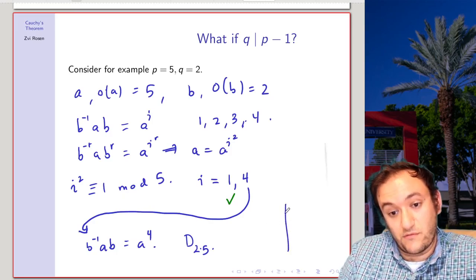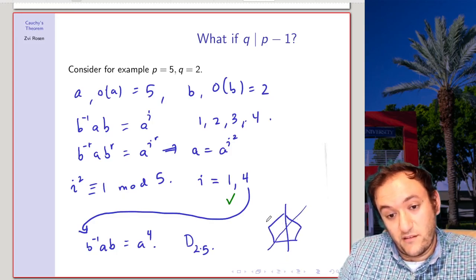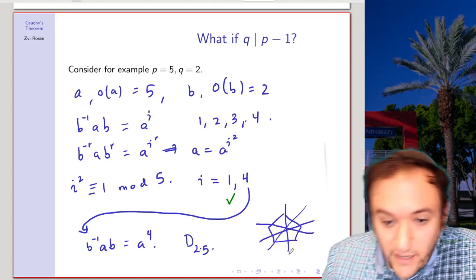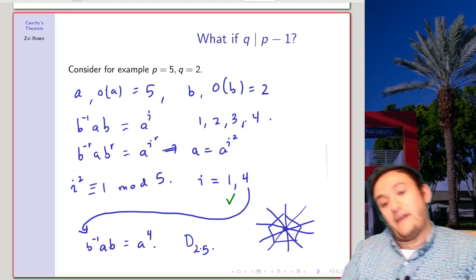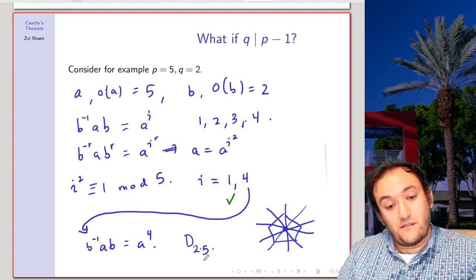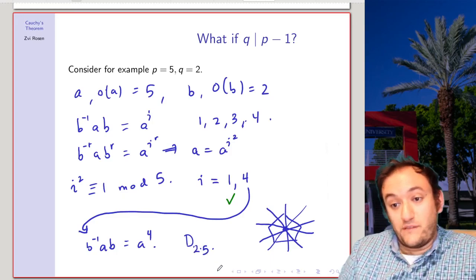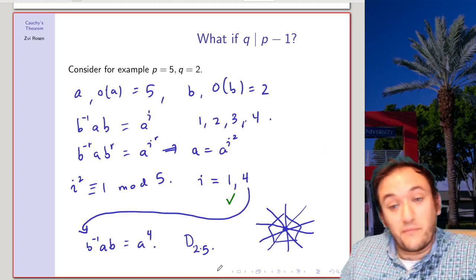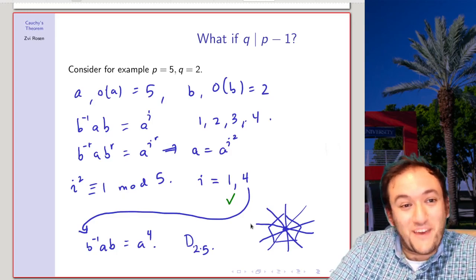Okay, it's not really a regular pentagon, but we do our best. This is not a cyclic group, and it's not an abelian group. So this condition that Q does not divide P minus 1 is absolutely essential for that result. Okay, thanks for your attention.